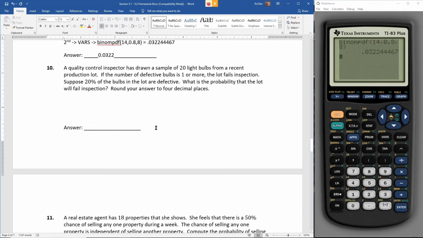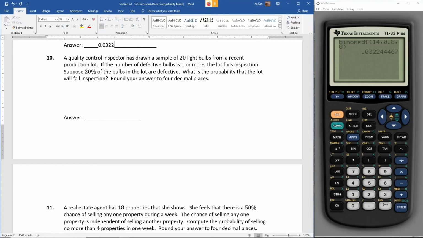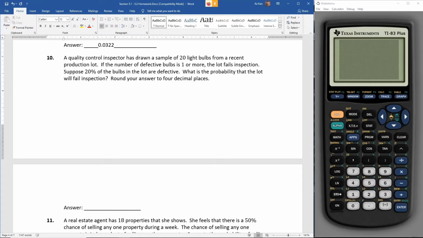Now, for number 10, you have to think about this. A quality control inspector drew a sample of 20 light bulbs. So usually what I do is I go ahead and write, because I know this is going to be a binomial, right? The total number of trials, in our case, is N equals 20.